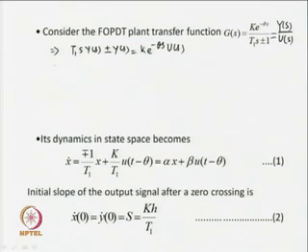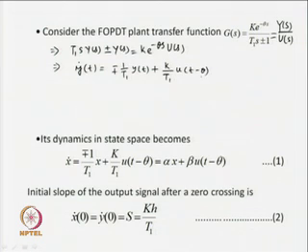Again, when the inverse Laplace transform is taken, the same expression is given by y dot (t) is equal to minus or plus 1 upon T1 y(t) plus K upon T1 u(t minus theta). Thus, we have a delayed input to the system, u(t minus theta).